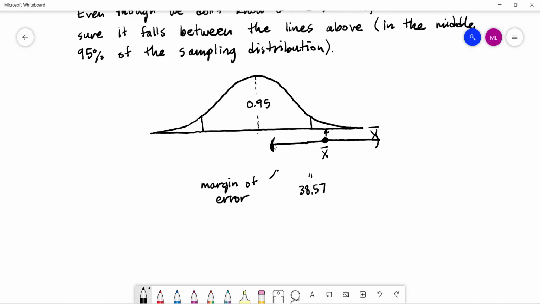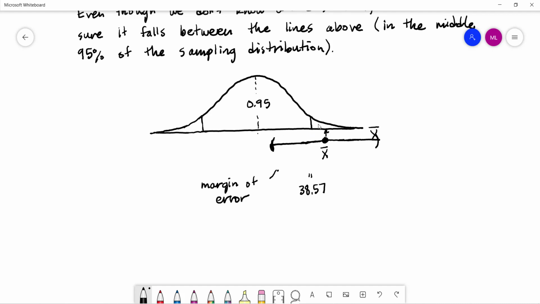But that's okay, because I don't want to be able to get this right 100% of the time. I only want, based on our 95% confidence interval, to be correct 95% of the time. So whenever x bar falls out into one of these two tail regions, my interval won't reach and capture the true center. But that's fine, because how often will that happen?